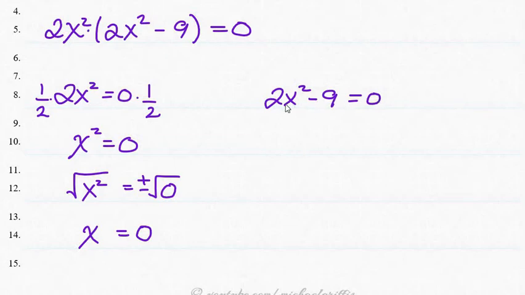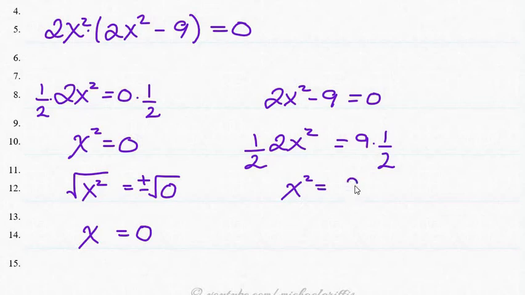Alright, now let's take a look at this one here. There's a couple things we can do here, but I think what we're going to do is we're just going to take the 9 over to the other side. Multiply both sides by a half. So now we're left with x squared is equal to 9 over 2.